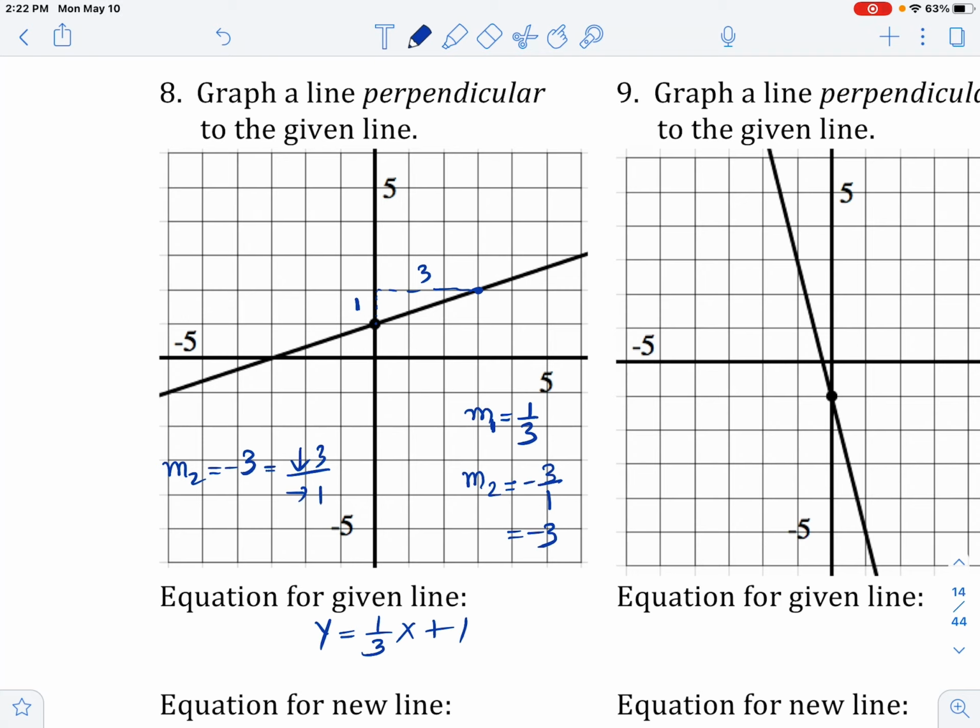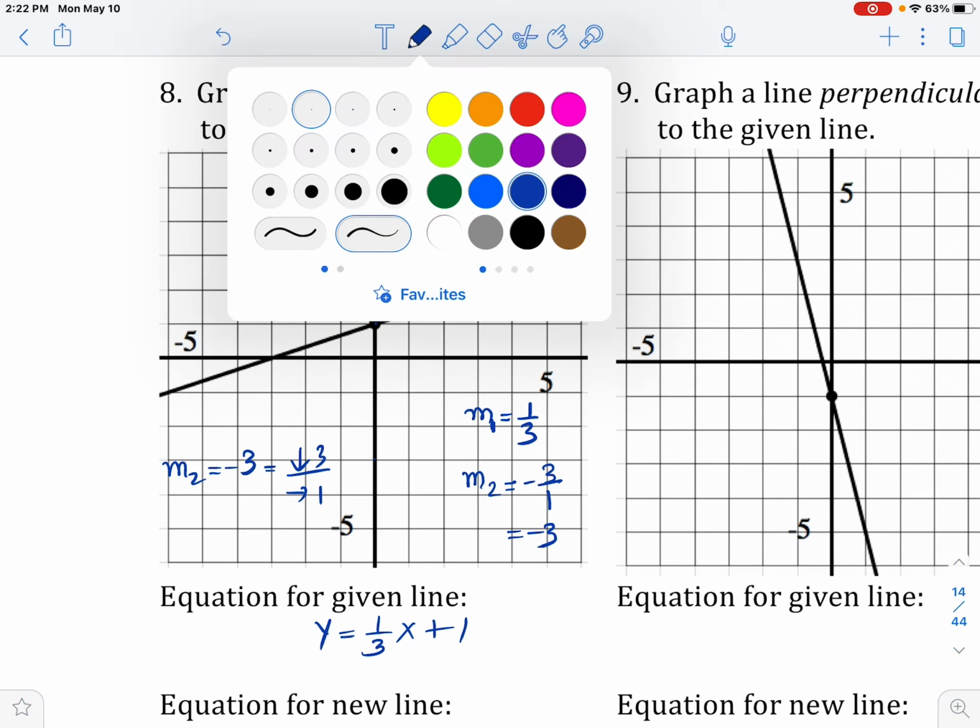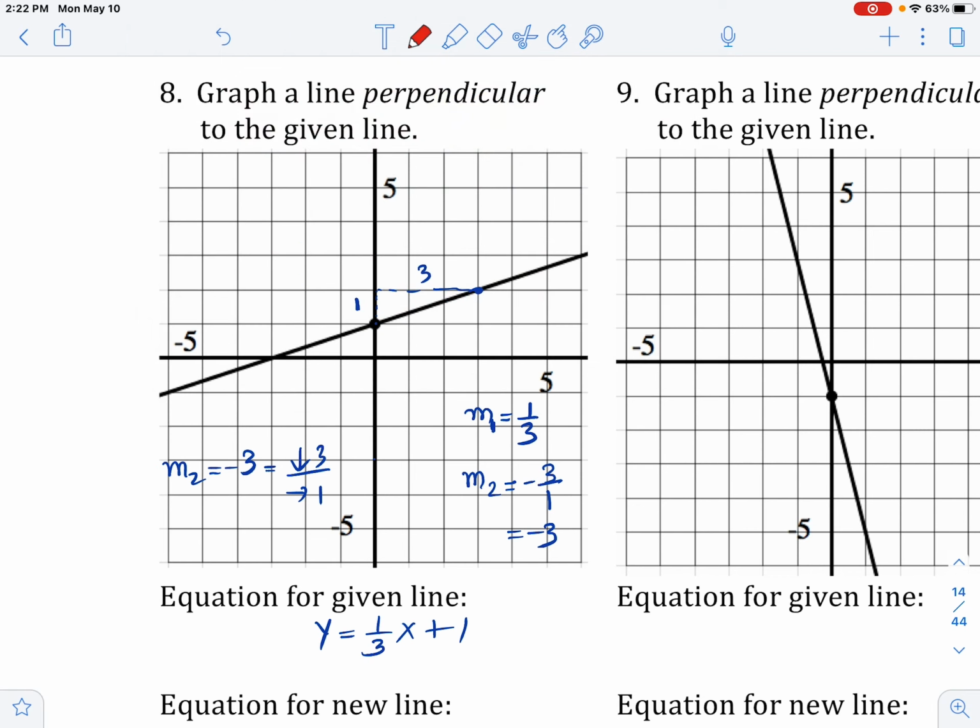If I pick any point here, let me change the color. If I'm taking a point up here and any line, so I have to go down by 3 and run by 1 here. So for the y-intercept, you can pick any random point, it doesn't have to be the one which I took. And I have to do the same thing.